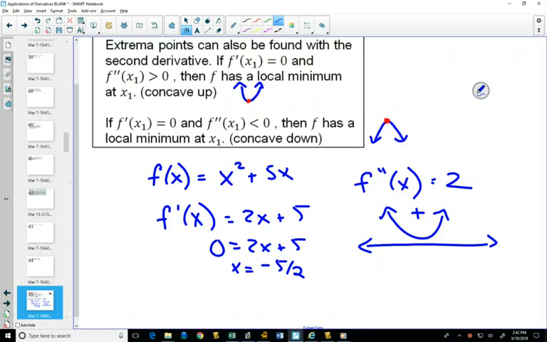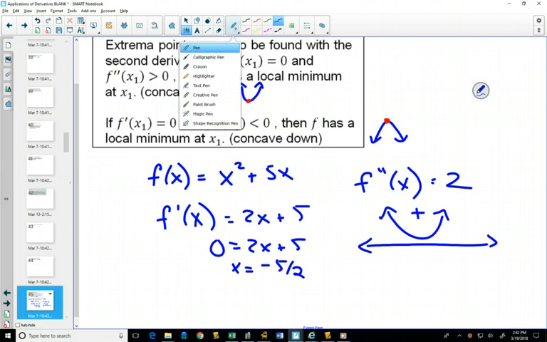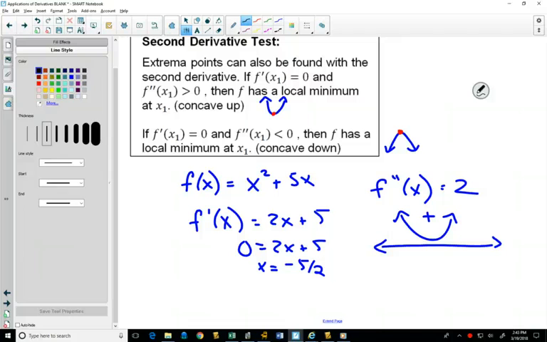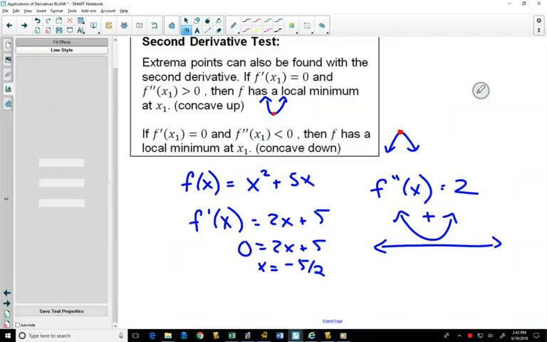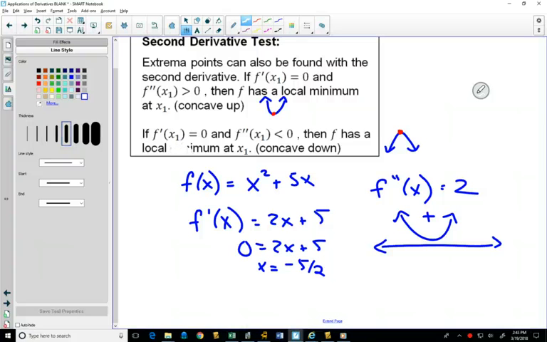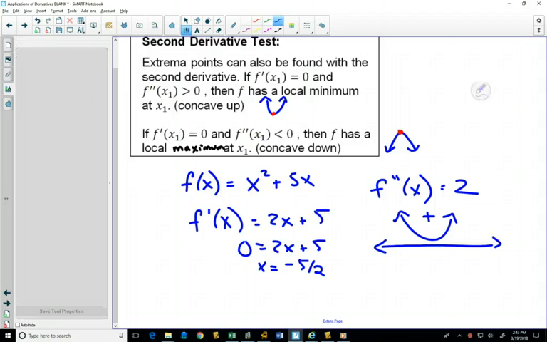And this is a typo. Do you see the typo? Got to make a whiteout pen. There we go. That should be maximum. Look at this. Perfect.